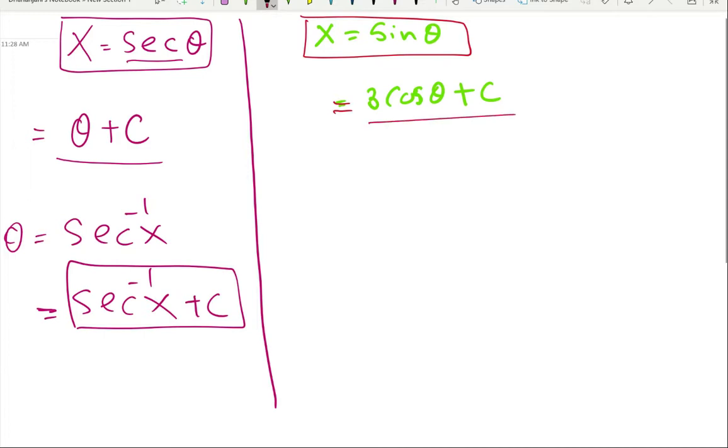Now here, how can you convert this cosine theta back into x? What most students do is they write 3 cosine theta as 3 cosine of sine inverse x. Now this is okay, but most teachers are not going to accept it, so don't do that.